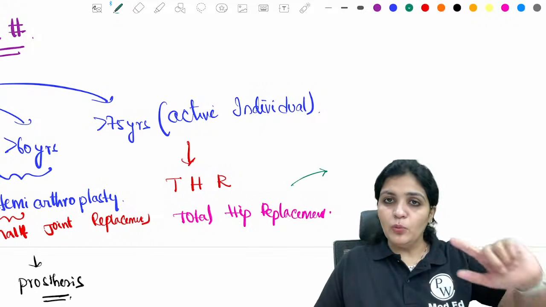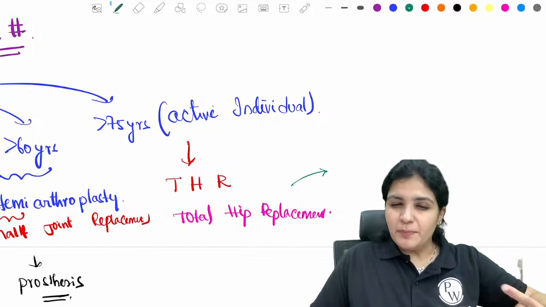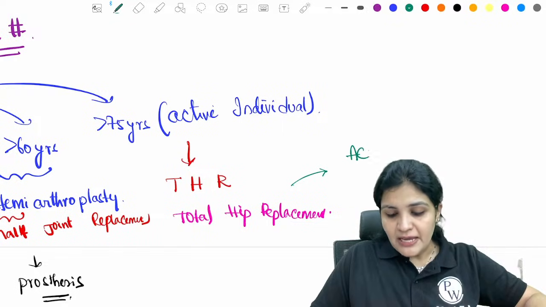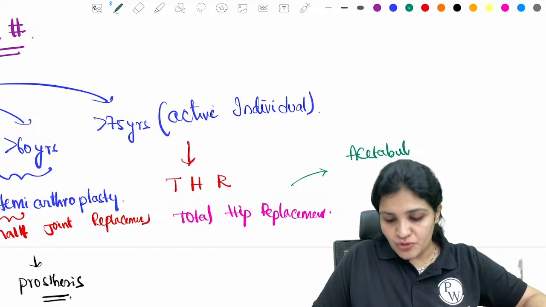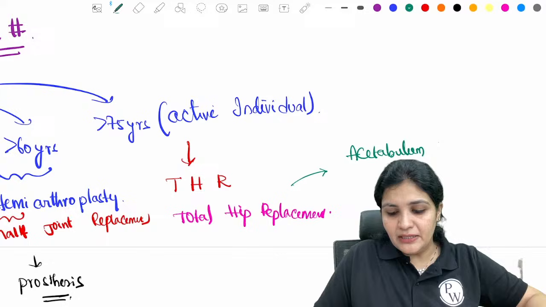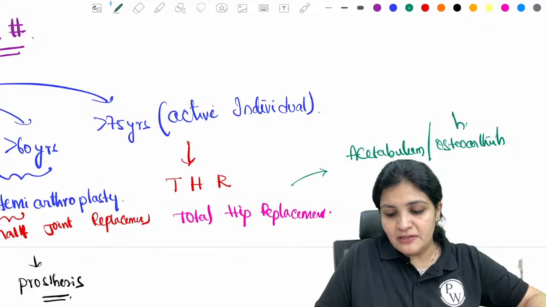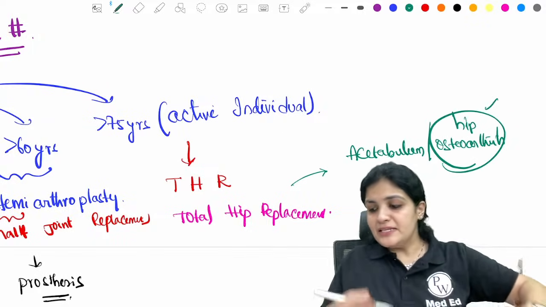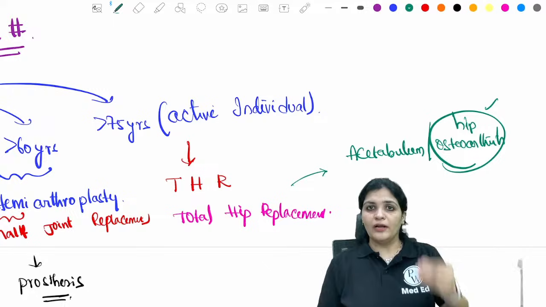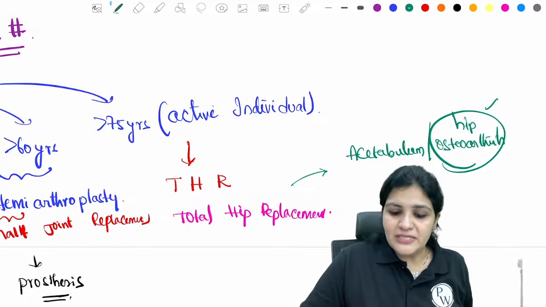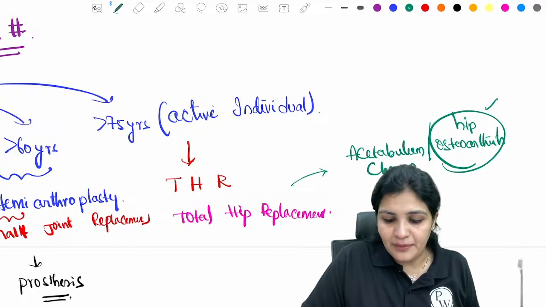Because whenever we do it, the patient is more than 75 years, usually they will land up, whenever you take the x-ray, you see that the acetabulum is also involved, resulting in hip osteoarthritis. Osteoarthritis is a degenerative disease, right? So because of hip osteoarthritis, you will see there are changes in the acetabulum, right?